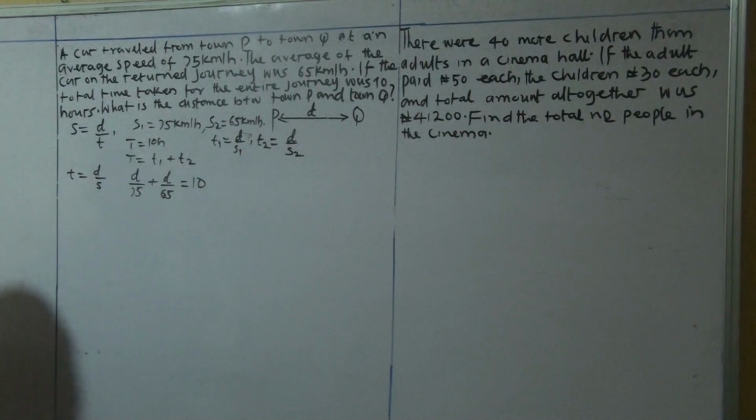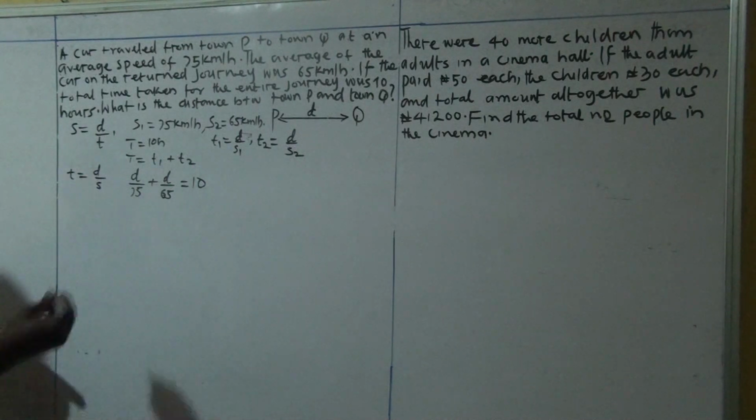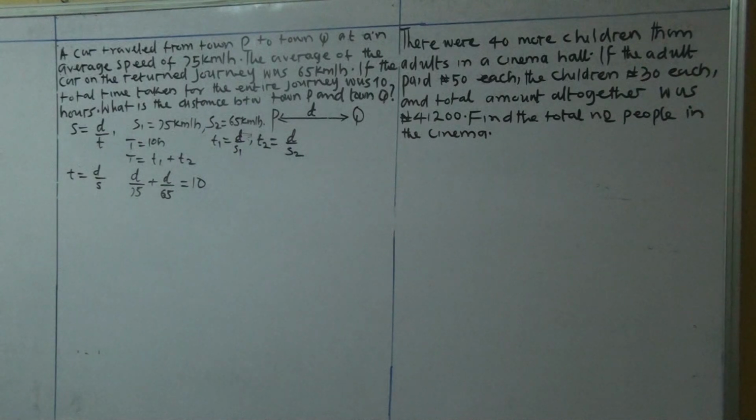Here this is a linear equation in the form of fractions. So what do we do? We find the LCM of 75 and 65.